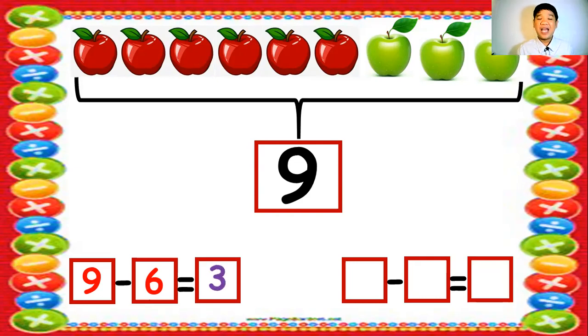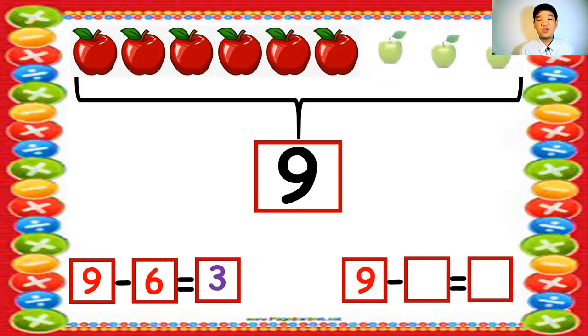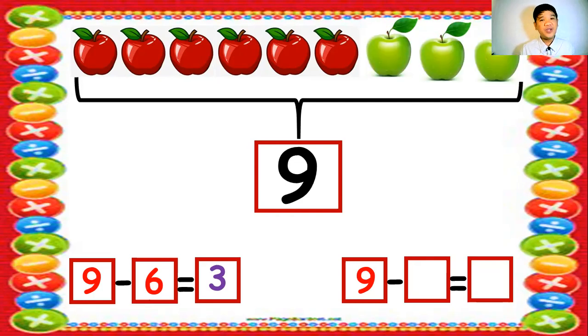All right, so now this time, let us answer this question. How many red apples do we have? First, we have to write the total number of the apples, which is 9 apples, minus, since the question is looking for the number of the red apples, we have to write the number of the green apples.